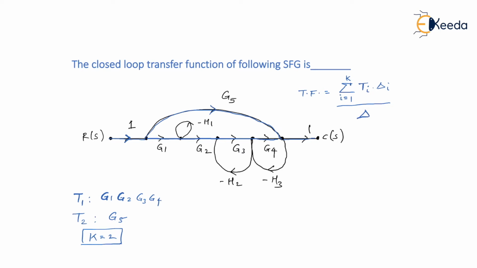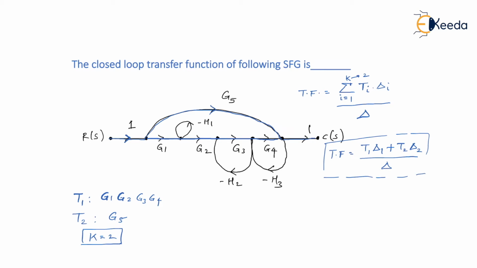Since K is equal to 2, i is changed from 1 to 2 only. So the overall transfer function is T1 delta 1 plus T2 delta 2, whole divided by delta.